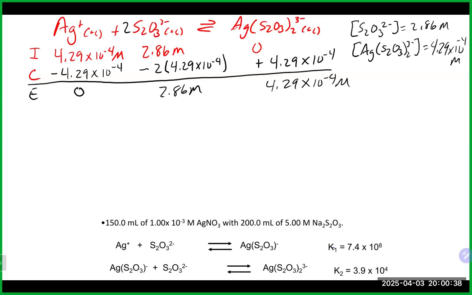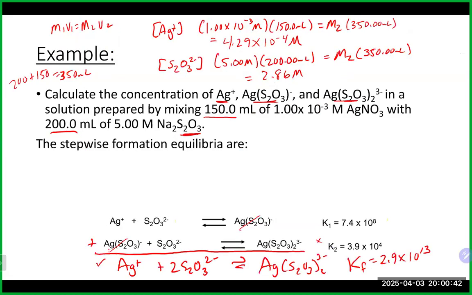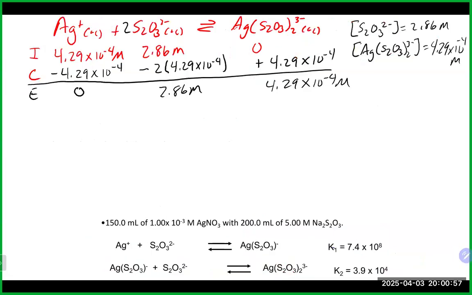So at this point, if we do want to find some other things, we basically just found this guy, and we actually found this guy's concentration as well. So we're still looking for really these 2 concentrations. At this point, you really do have a couple of options. One option is you could just use the stepwise equations.